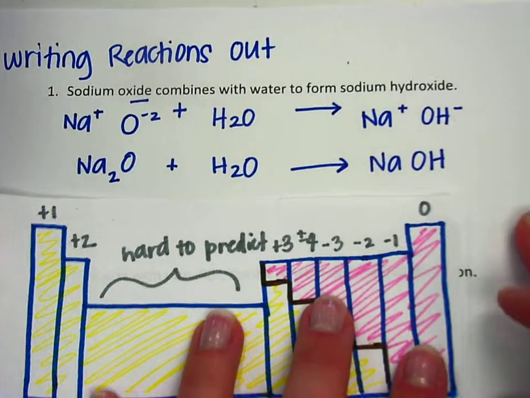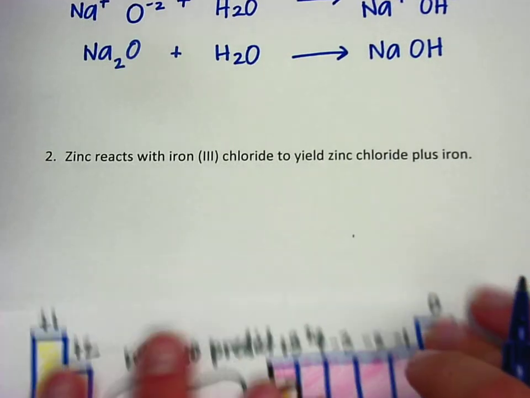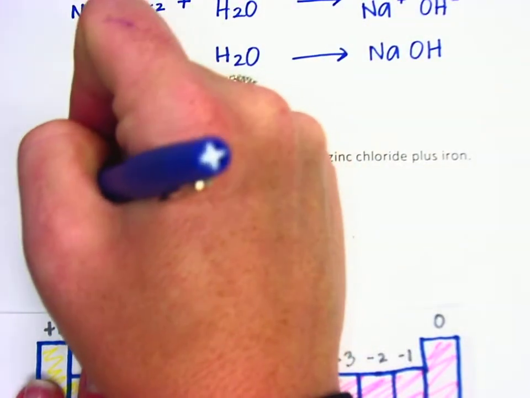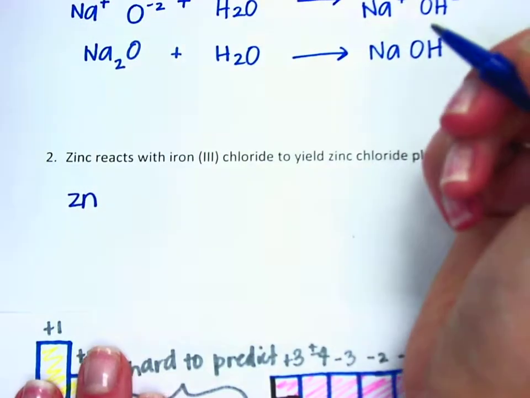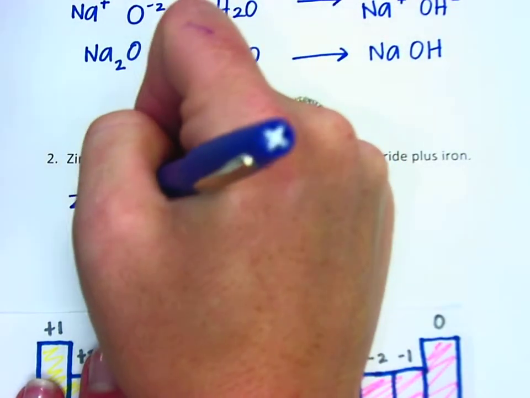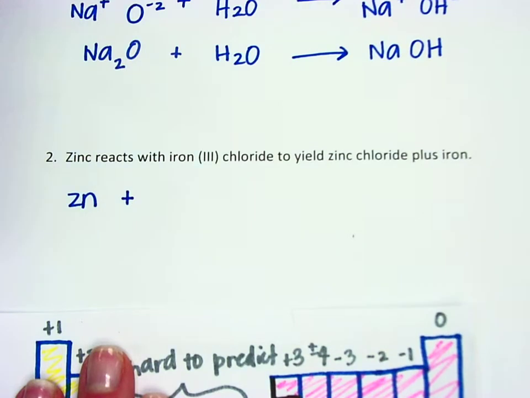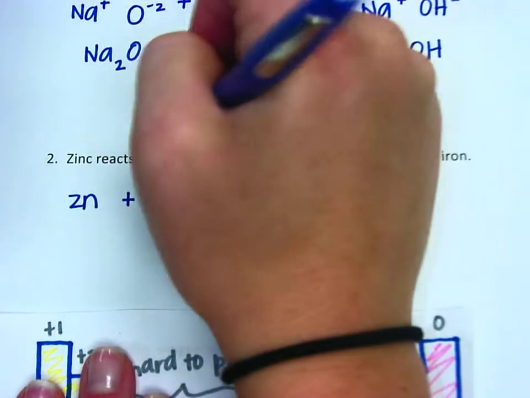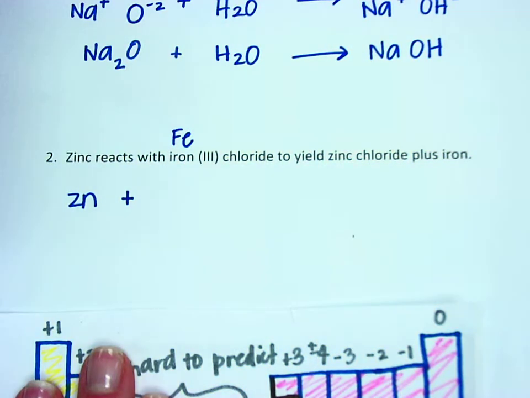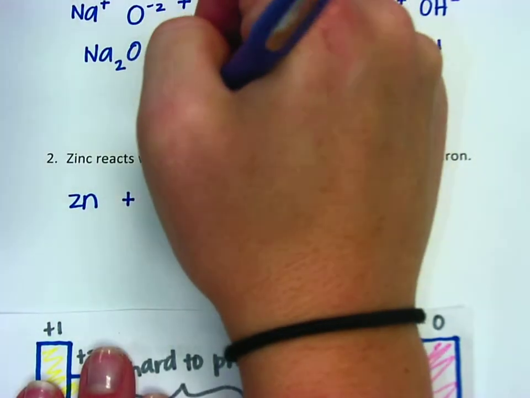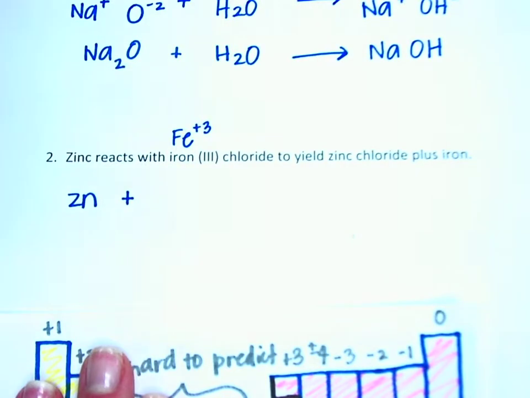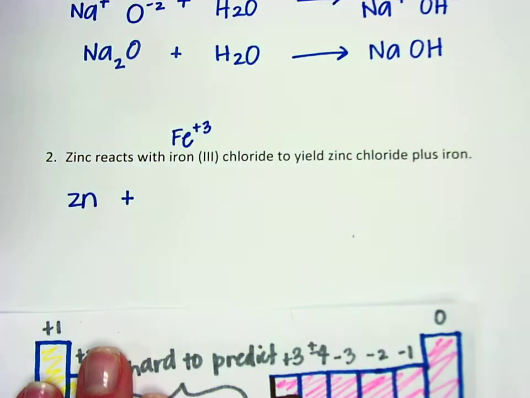And that's it. So number 2, we'll do this one together as well. Zinc reacts with, that's telling me I have a plus sign, iron 3 chloride. So that means I have iron, and the charge on that iron is +3. It's not telling me that I have 3 irons, just the charge.